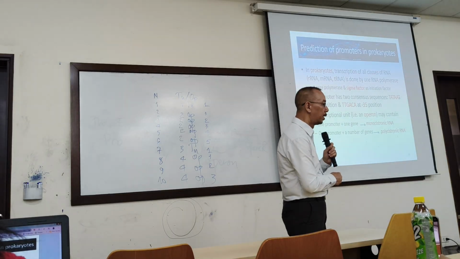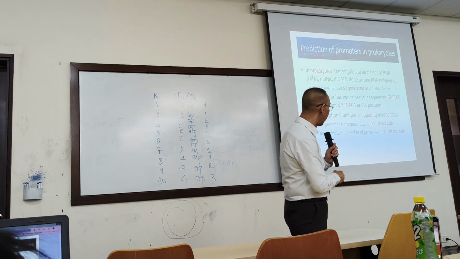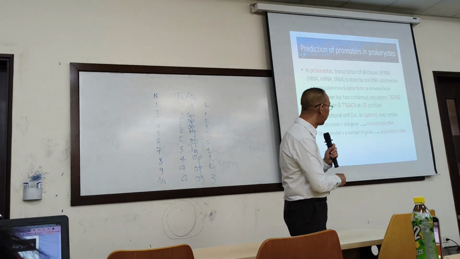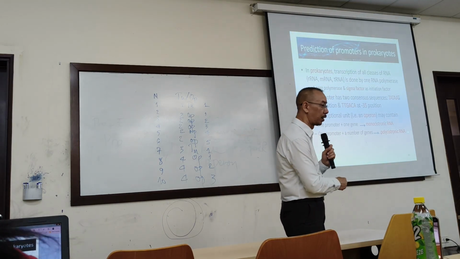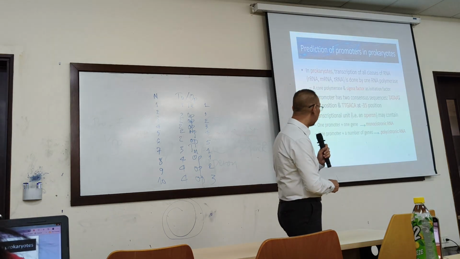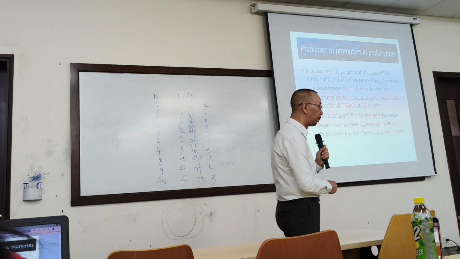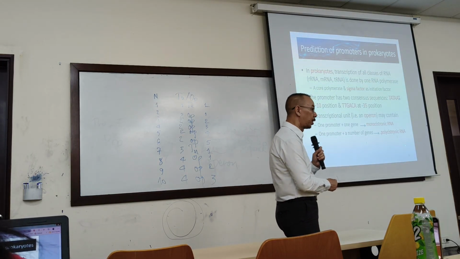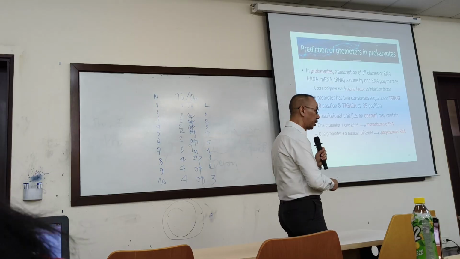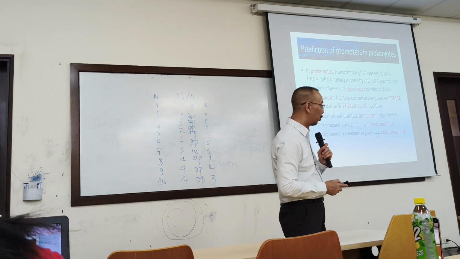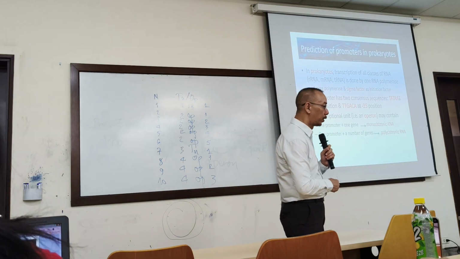Transcription unit in prokaryotes. A transcription unit may contain one promoter and one gene, the name is monocistronic RNA. In other cases, that means one promoter plus a number of genes, polycistronic RNA. That is the transcription unit in prokaryotes, different from eukaryotes. In eukaryotes, one promoter controls one gene only.